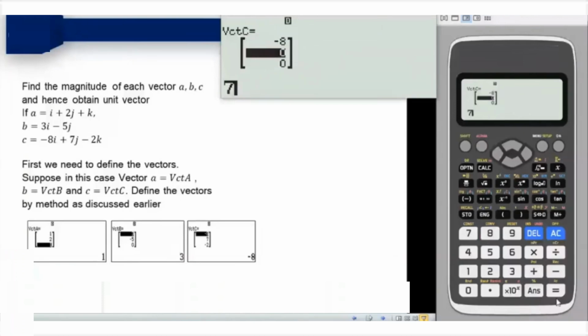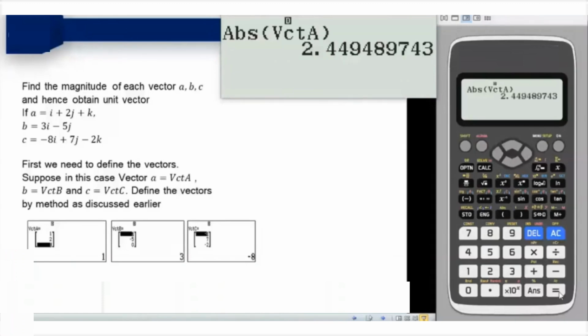So I have defined vector A, B, and C, and now I need to find the magnitude of each and then the unit vector of each. To find a magnitude, I have taught you that you have to press shift, bracket open, and you need to find option 3, which is vector A. I hope that's clear.